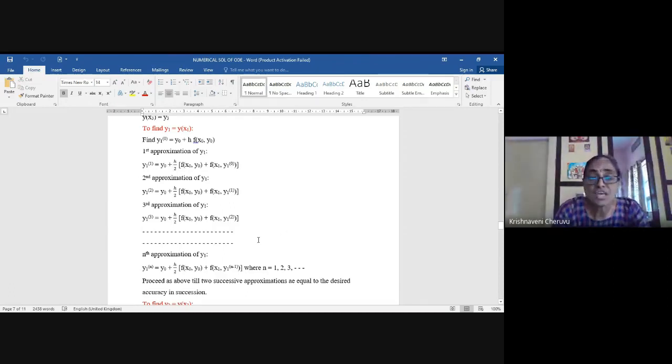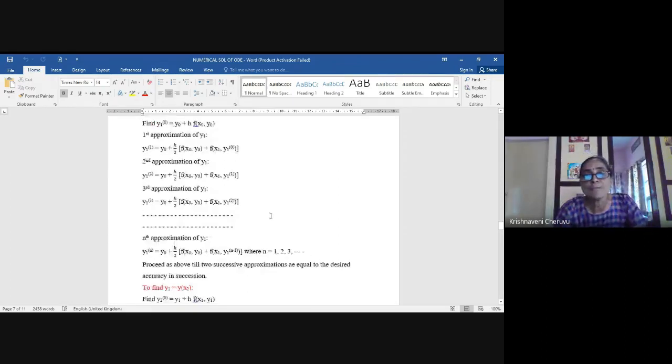Up to how many decimals they must be equal depends on the question; if it is mentioned, take the decimals up to that place value, whether 2, 3 or 4 decimals. So y1 bracket 3 equal to y1 bracket 4 up to 4 decimals, otherwise y1 bracket 4 must equal y1 bracket 5 up to 4 decimals. Only then will that be taken as the final y1 value.